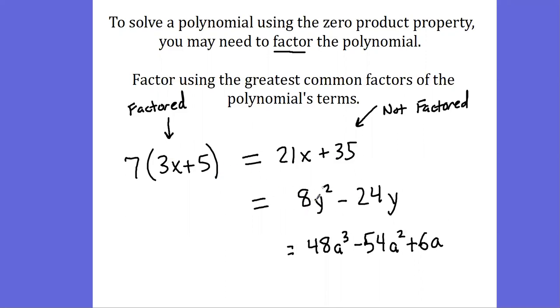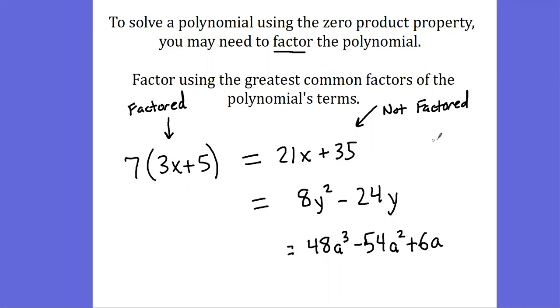This time I'm going to give you the unfactored form, 8y squared minus 24y, and we're going to work together to come up with the factored form. Whenever you factor, the very first thing is that you always want to look for the greatest common factor. So what is my greatest common factor between 8y squared and 24y?